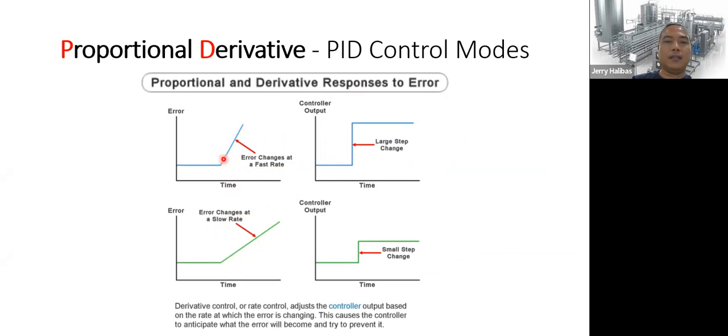So it rises faster as compared to the green. So your controller is derivative. So what is the derivative of x? Let's say this is the equation of the line, x, assuming. What is the derivative of x?